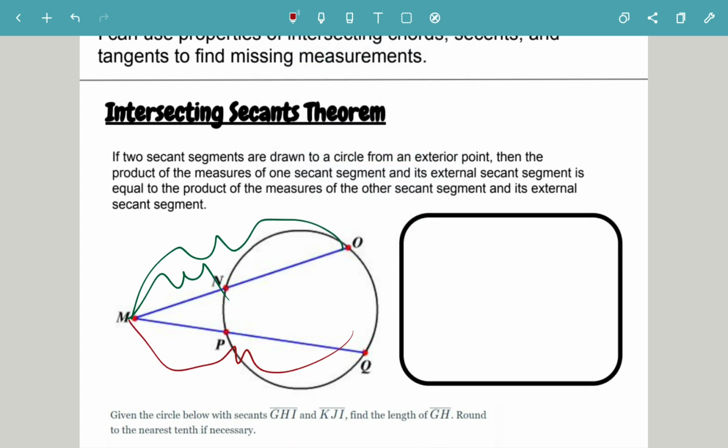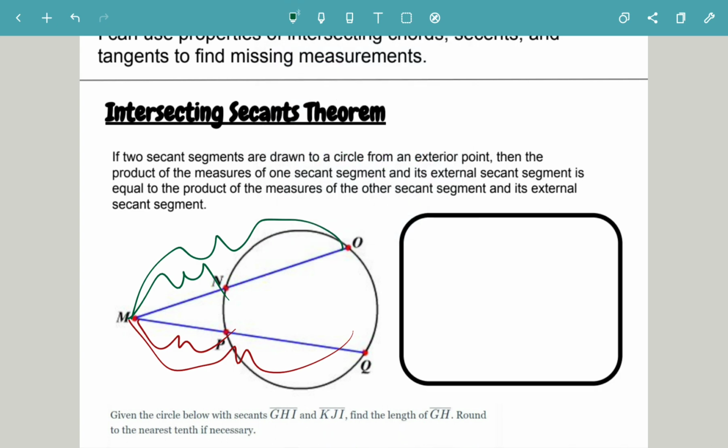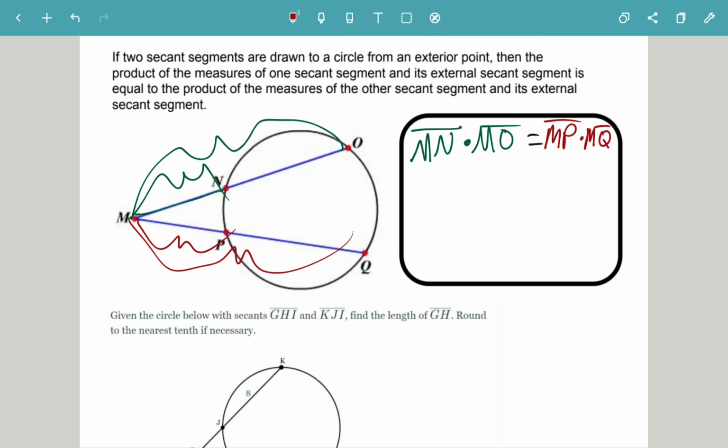So we get segment MN, which is the outside, times the entire segment MO, entire secant MO, is equal to the outside of the bottom secant MP times the entire secant MQ.